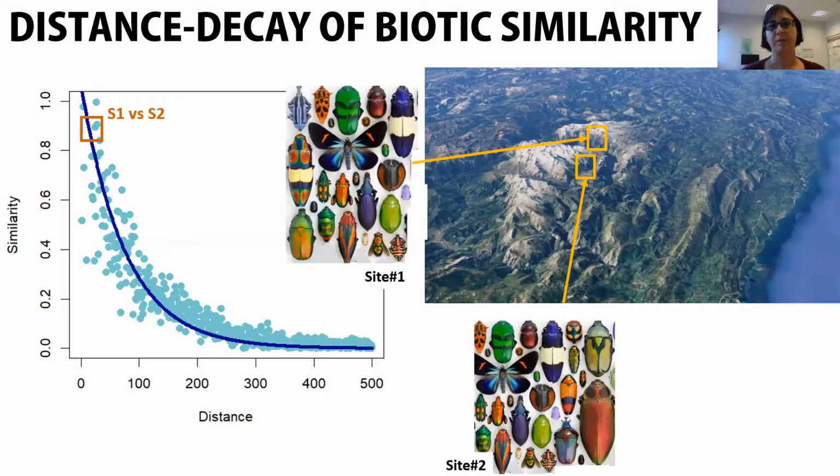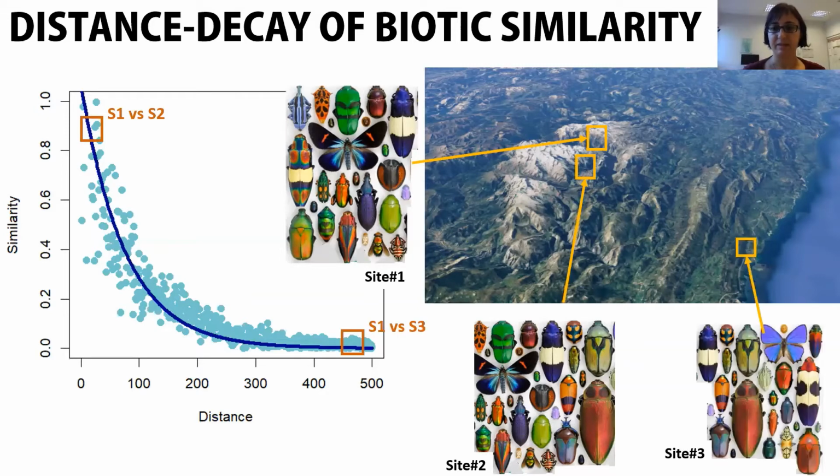So what we mean with the distance decay of biotic similarity is that if we represent biological similarity against spatial distance, we will observe that it decays, like there is a trend, a decrease, because two localities that are close to each other will have more species in common than two localities that are farther apart, as we can see here in the case of locality S1 and S3.